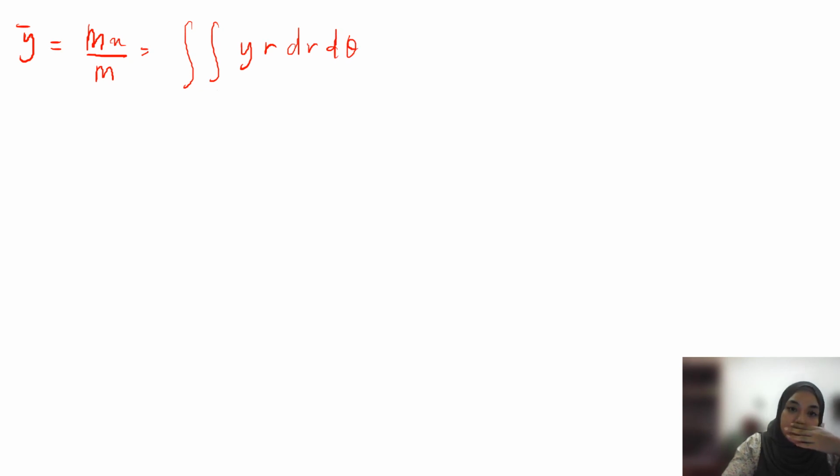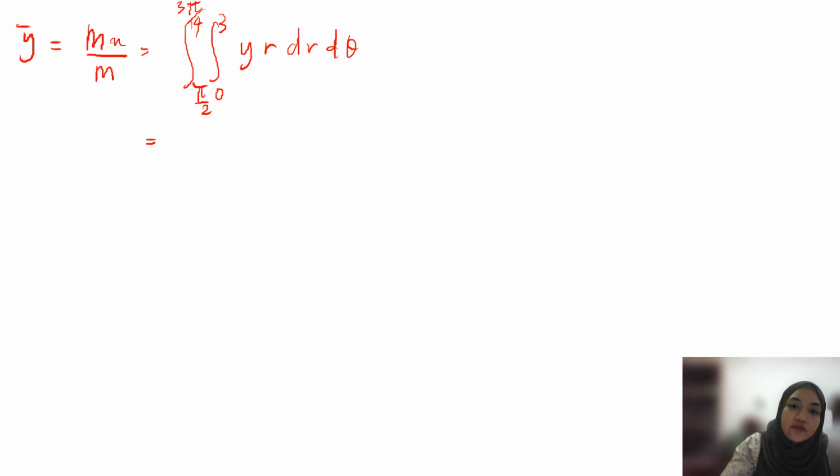For the y coordinate, y bar equals mx over mass. Our double integral would be the same as the previous one, but this time you have to multiply by y, r dr d theta. So same limits, 0 until 3, and pi over 2 to 3 pi over 4.